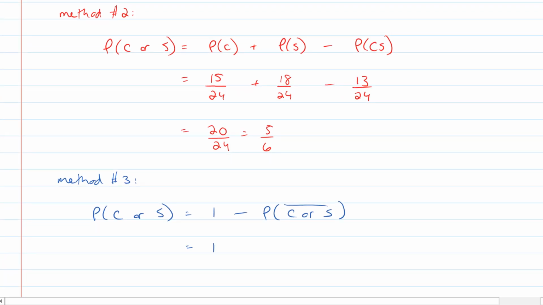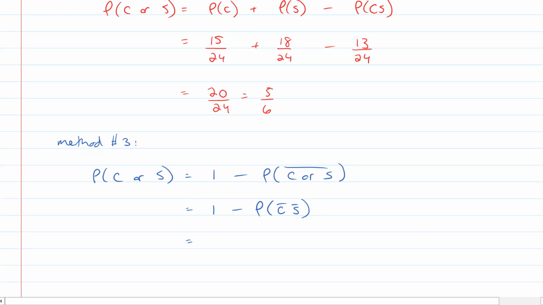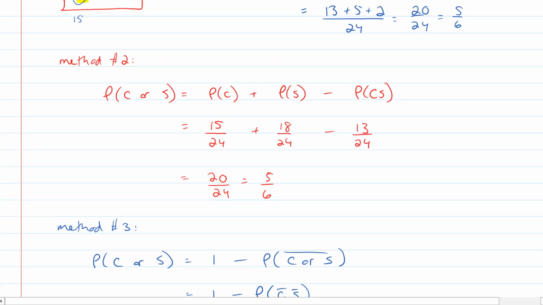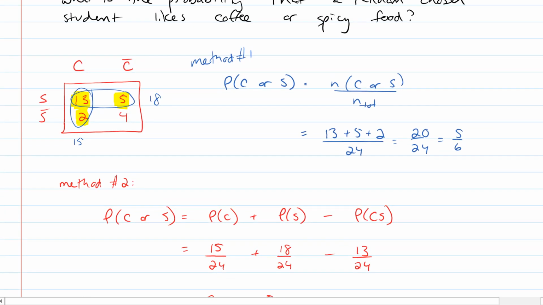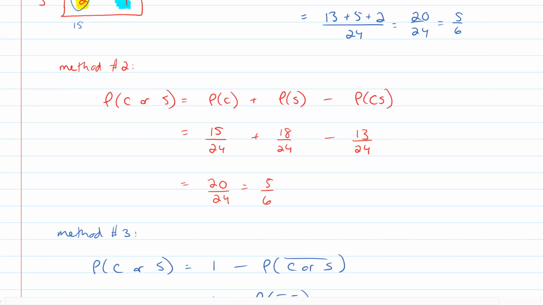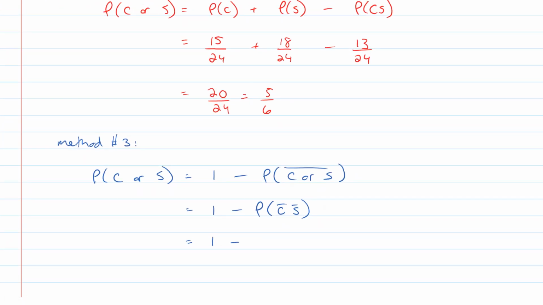And we know that that's 1 minus the probability of not coffee and not spicy food, using, of course, De Morgan's. And then we get 1 minus, and then I'm just going to scroll up for a second. The not coffee and not spicy food is going to be this entry here, the 4. And so we're going to have 4 24ths.